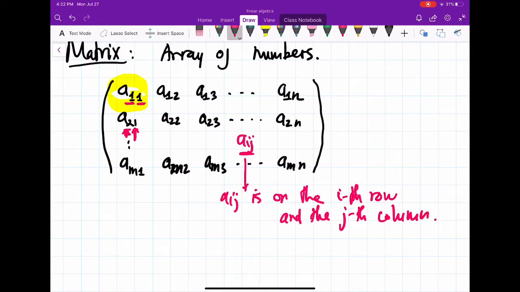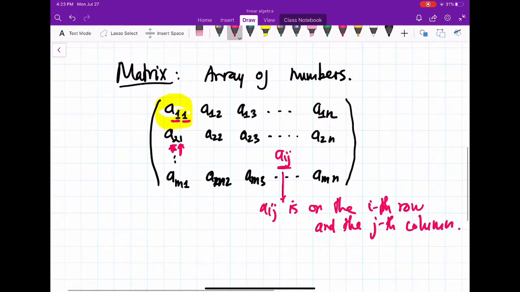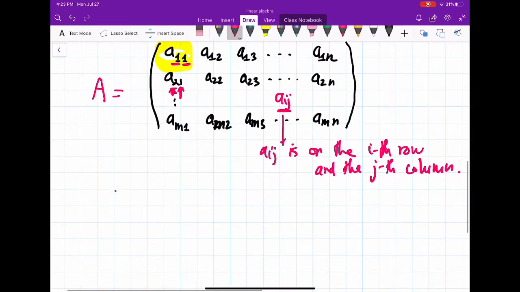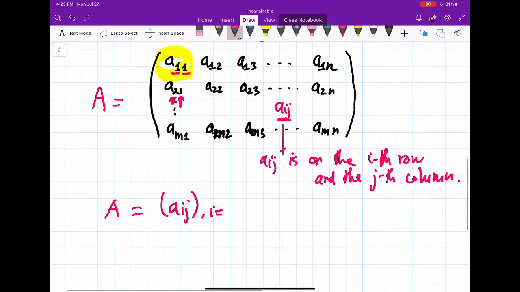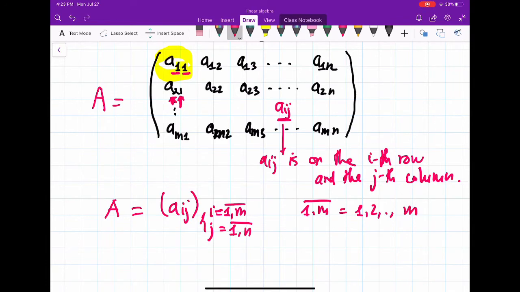Alright? And sometimes they denote a matrix as A equal to (Aij), where i is from 1 to m, and j is from 1 to n. 1 to m means this is just 1, 2, 3, and so on up to m. Okay?